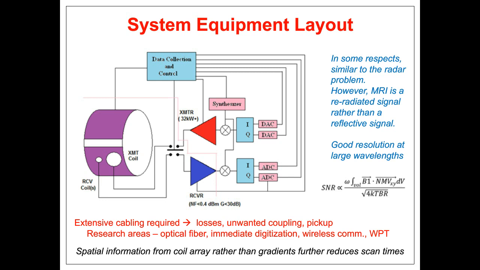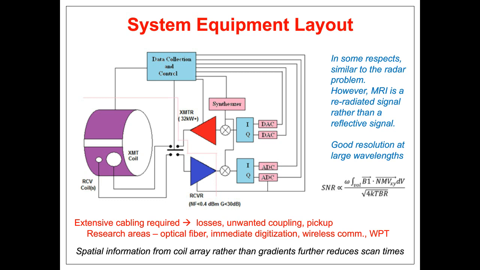So some of the research areas right now are looking at, with miniaturization of electronics, maybe after the LNA, putting some sort of analog to digital converter or other item, turning it into an optical signal, and using optical fiber to bring the signals out. Or just immediate digitization of the signal, so we can bring digital signals out. That helps keep the noise down.